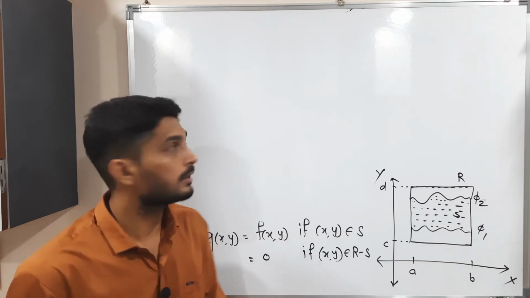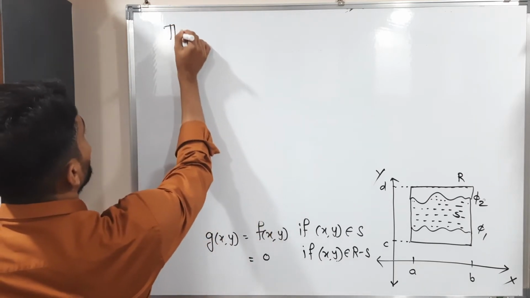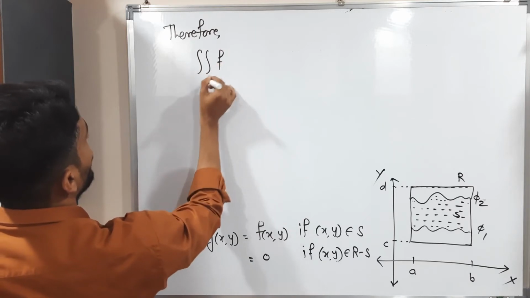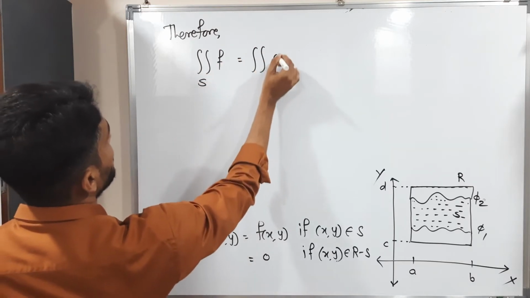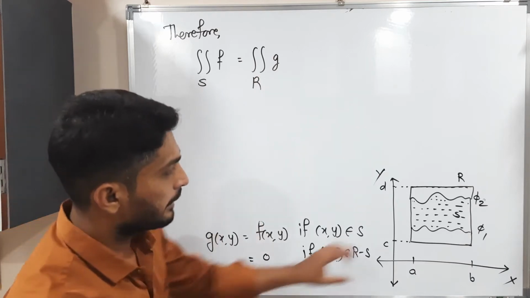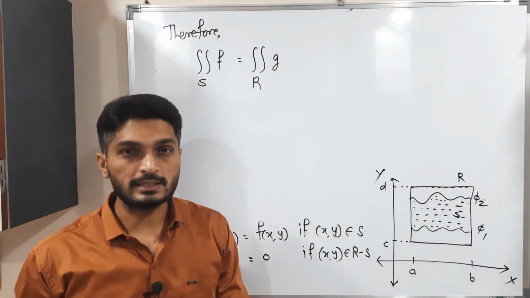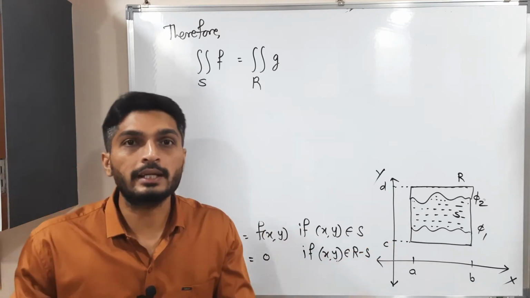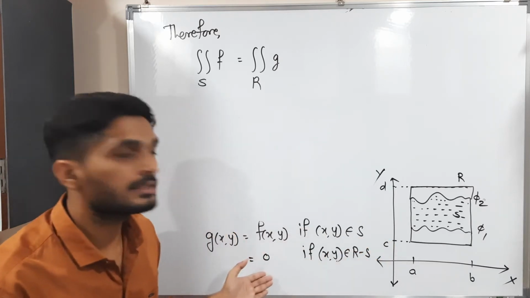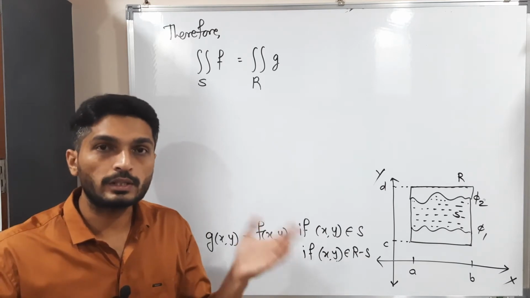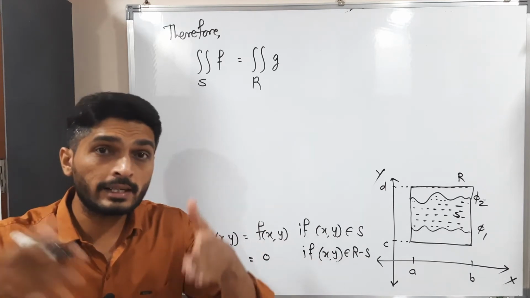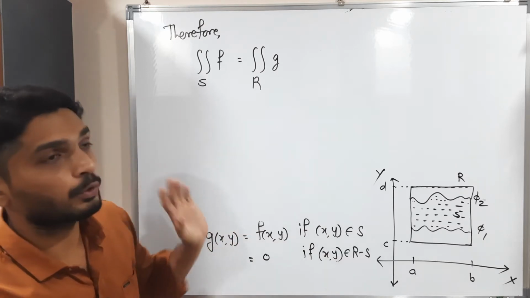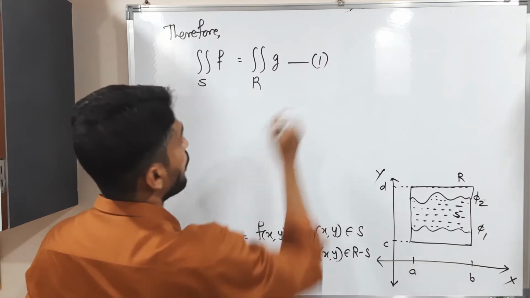Therefore, a very important thing I am going to write: the double integration of f over S is equal to the double integration of G over R. That means the integration of f over this region S is nothing but the integration of G over this region R, because outside S, G is 0, so its value will be 0. And inside S, G is nothing but f. That's why we can write it. It's a very important thing we have got. I will call it equation number 1.